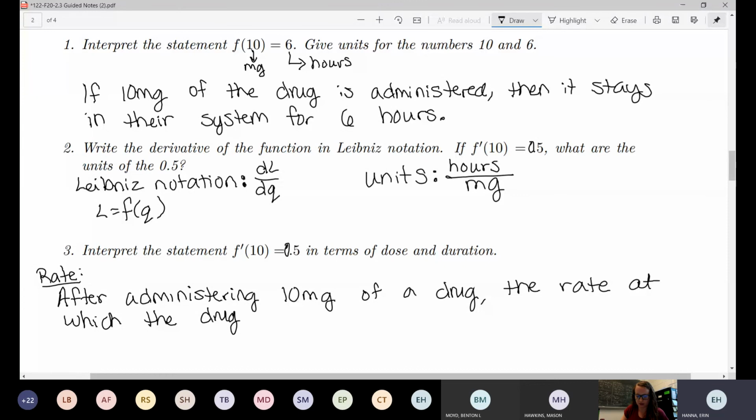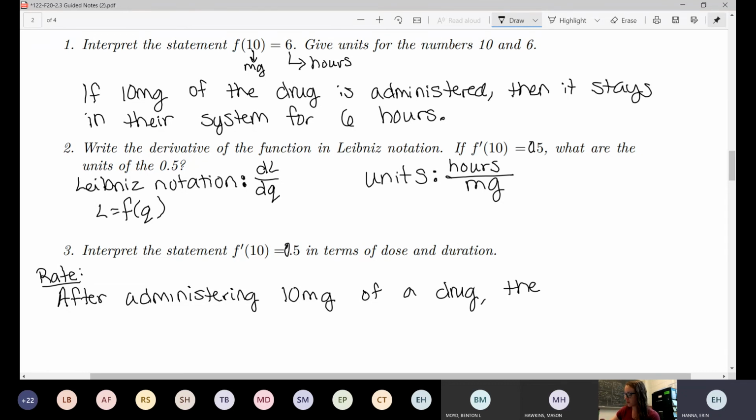We're talking about the amount of time it stays in their system.